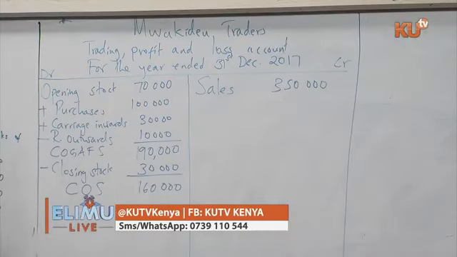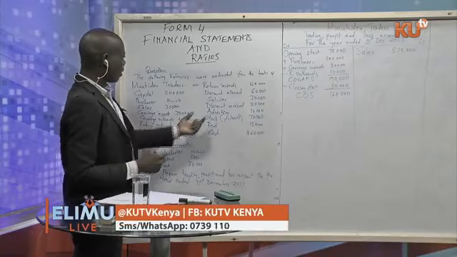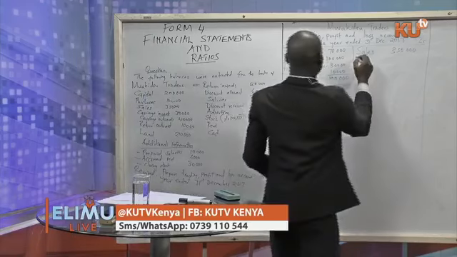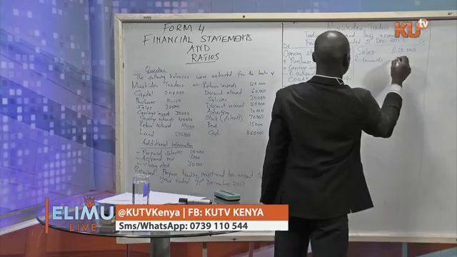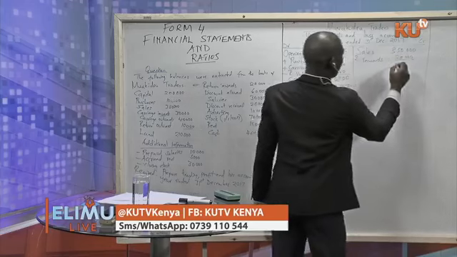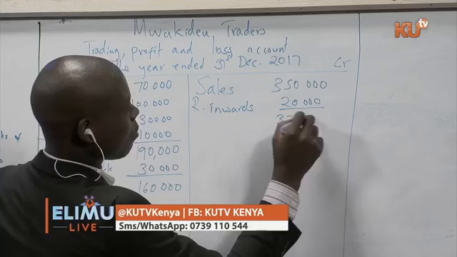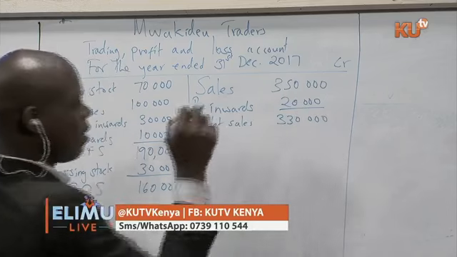We subtract sales returns, or returns inwards. That is 20,000. This gives us a figure. We have 330,000. And this one is what we call net sales.